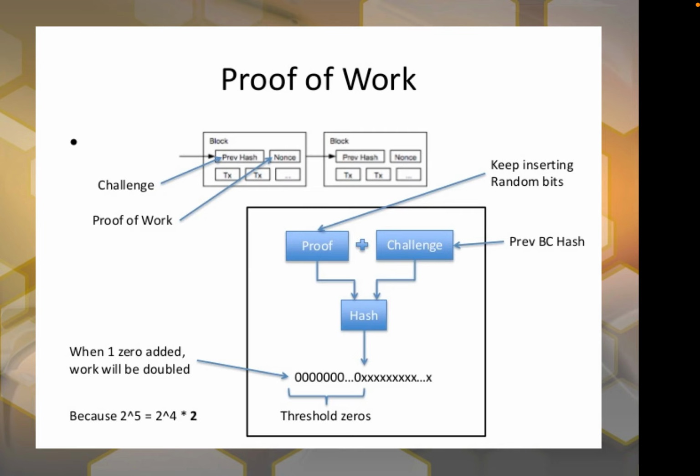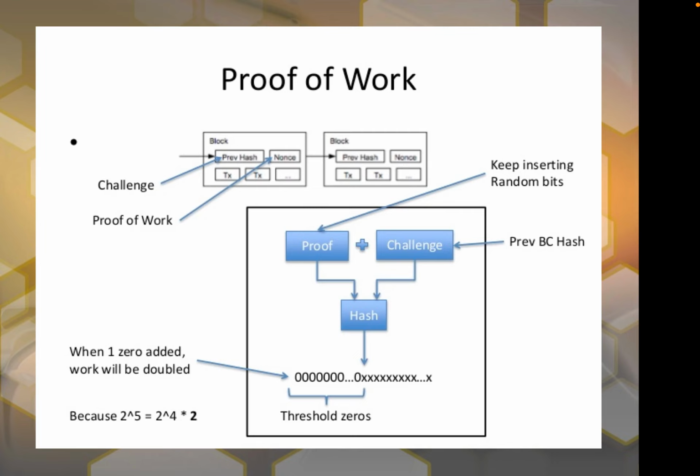They will dynamically adjust the speed of creating new money, by increasing the threshold zeros. So every time the total amount of BTC being issued is doubled, they will double the difficulty.